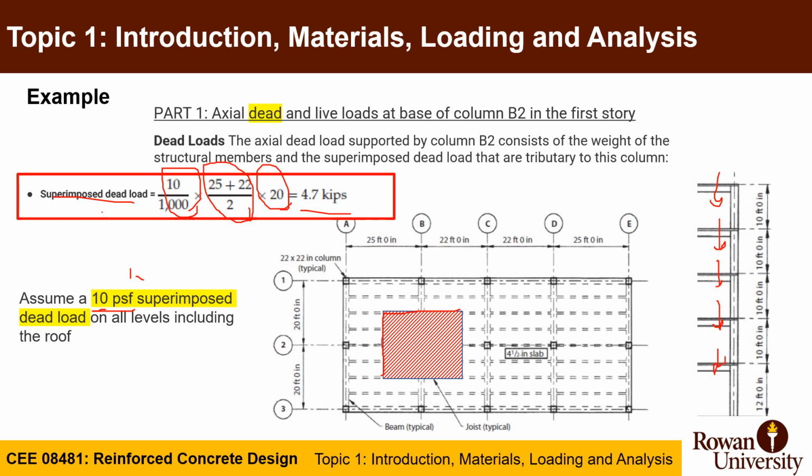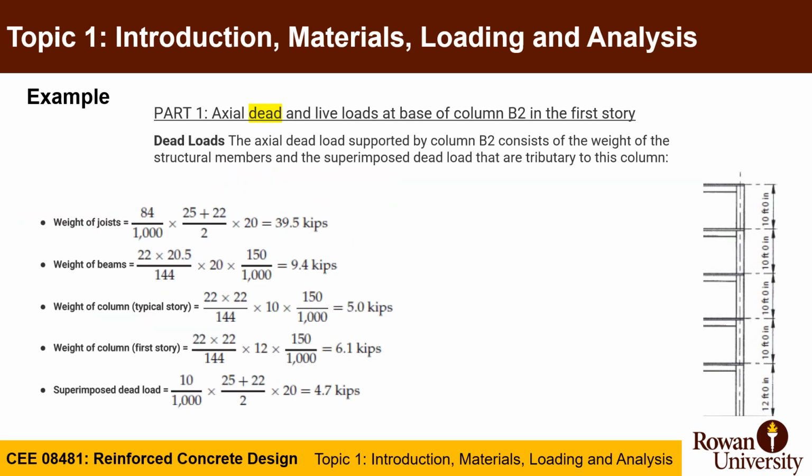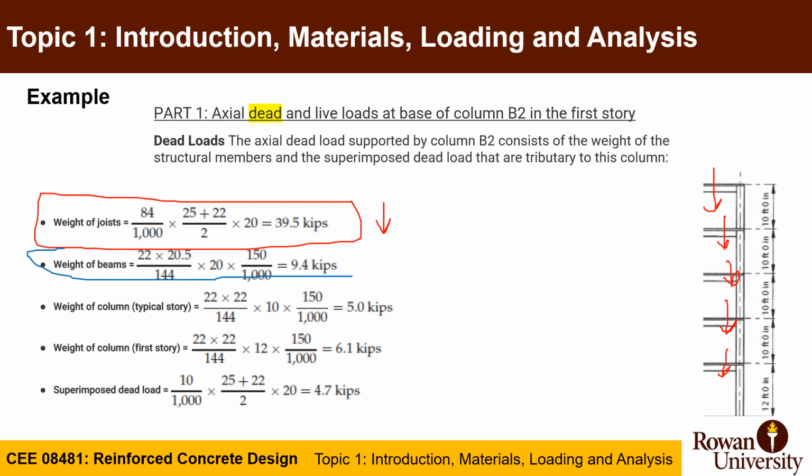If you want to summarize in this slide, you will see that the joist of the slab actually is 39.5, and if I use the joist as red, you will see that you have red in each floor. If I convert to blue for the beams, you're going to get 9.4 kips. You also have beams in each floor level.